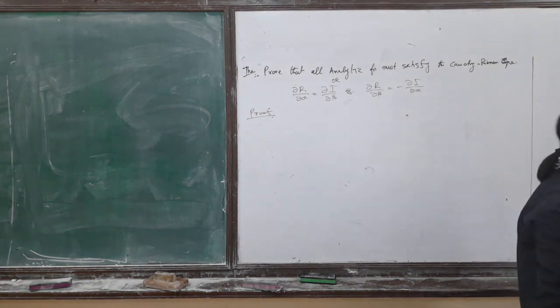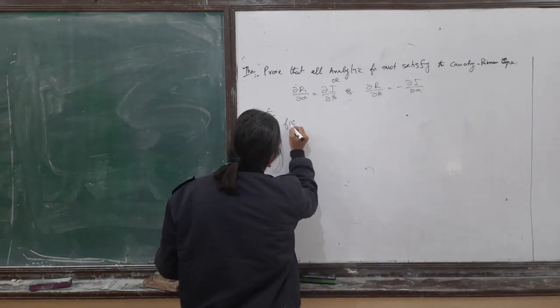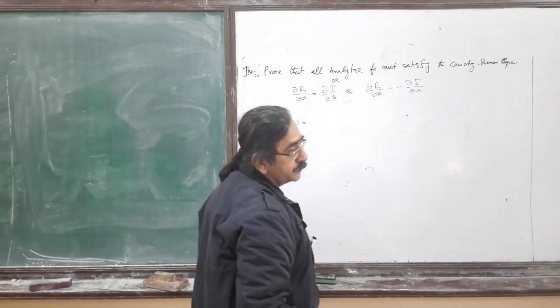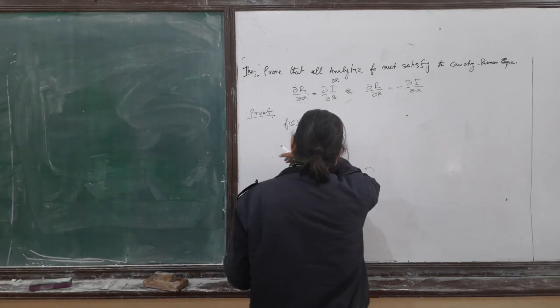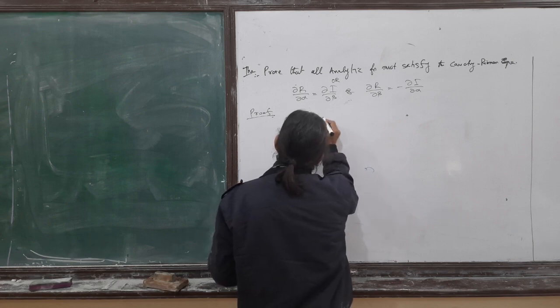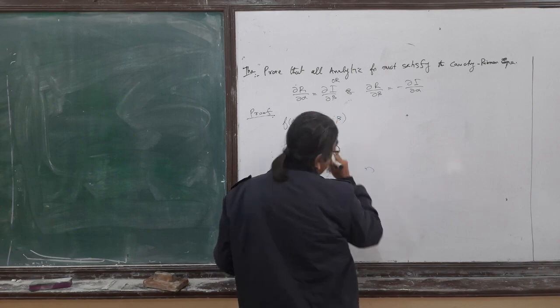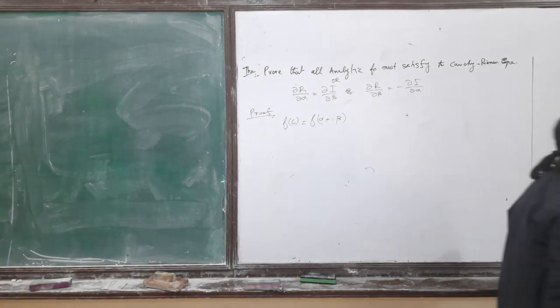Okay. F of C, yes, F of C is equal to F alpha plus iota beta. Yes.